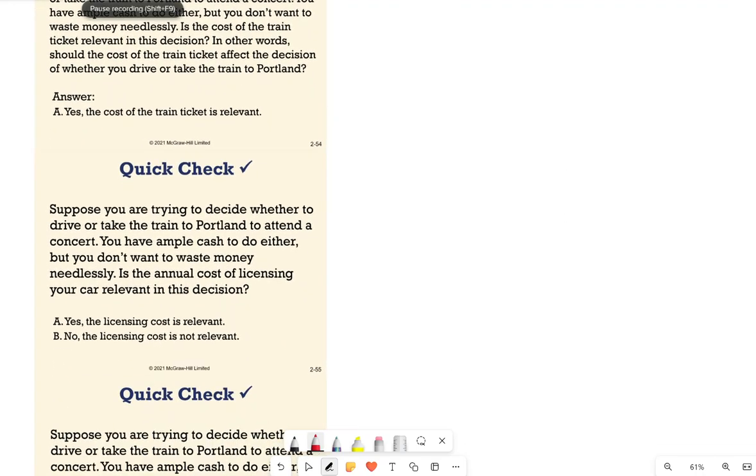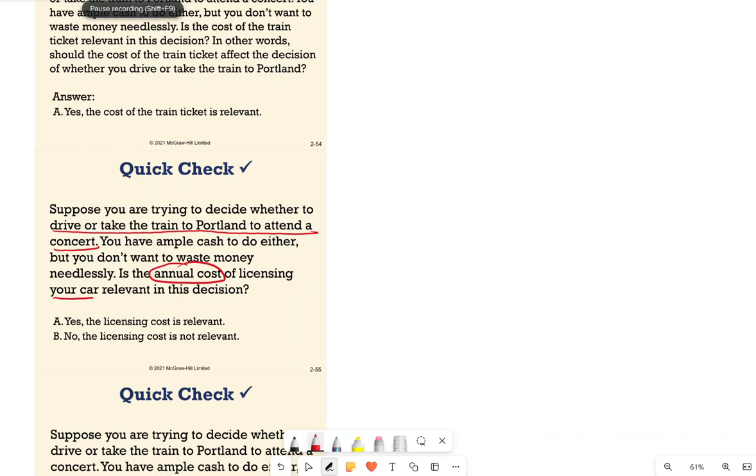Now the next one we're looking at is whether the annual cost of licensing your car is relevant or not. Suppose you're trying to decide whether to drive or take a train to Portland to attend a concert. You have ample cash to do either, but you do not want to waste money needlessly.